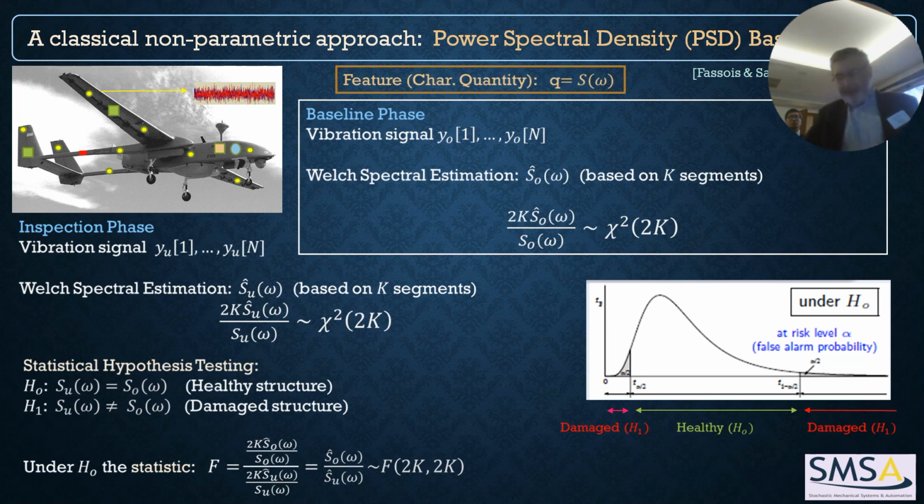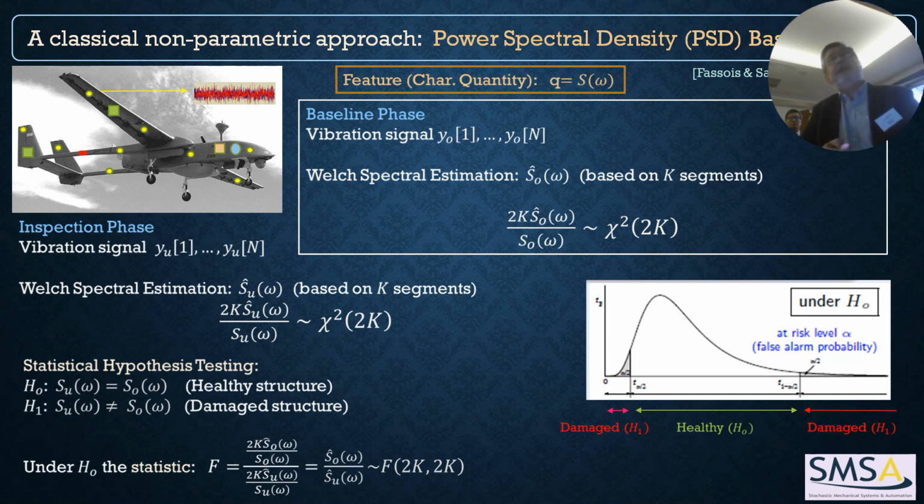Now, in the classical approach, one is using a baseline phase in which one collects a signal or a number of signals from the structure in healthy state, and then using the properties of the estimator. So, for instance, here, if we're using the power spectral density estimator, we know by the properties of this estimator that this follows a specific distribution.